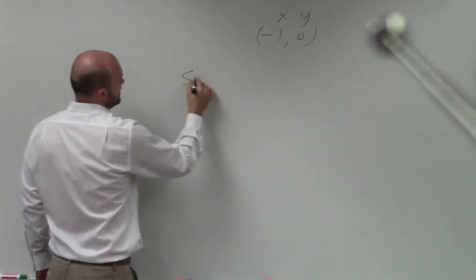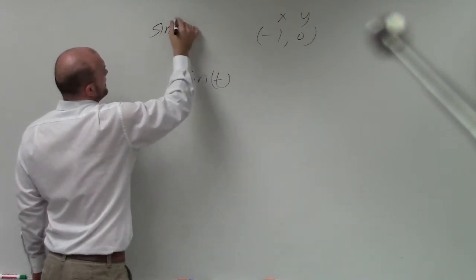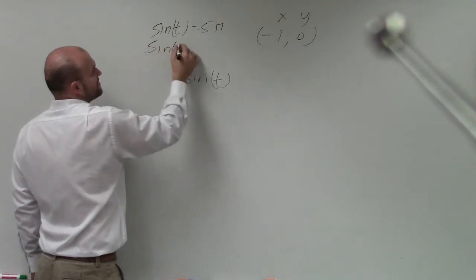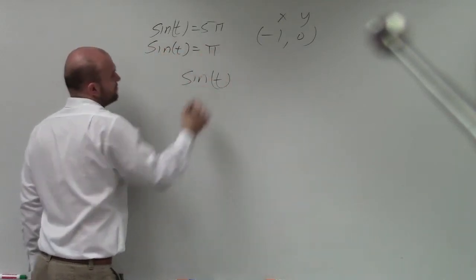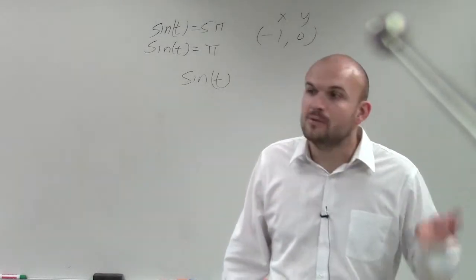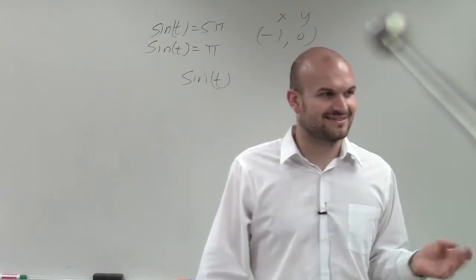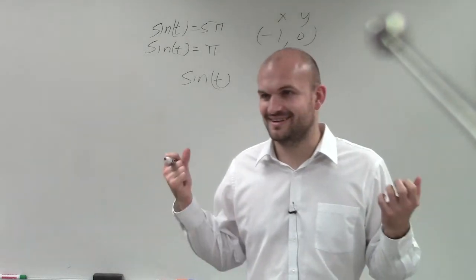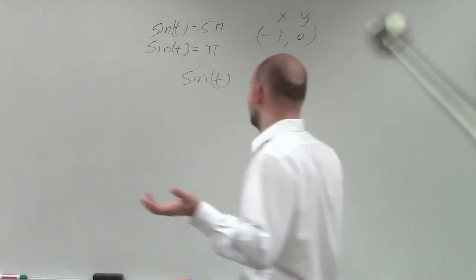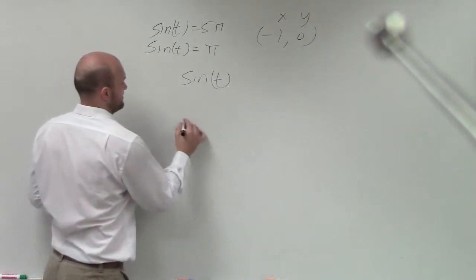Just like I talked about last class period, sine of t equals 5 pi is the exact same thing as pi, because 5 pi and pi are what? Anybody know the definition? Starts with a c: coterminal, right? They have the same initial and terminal side.